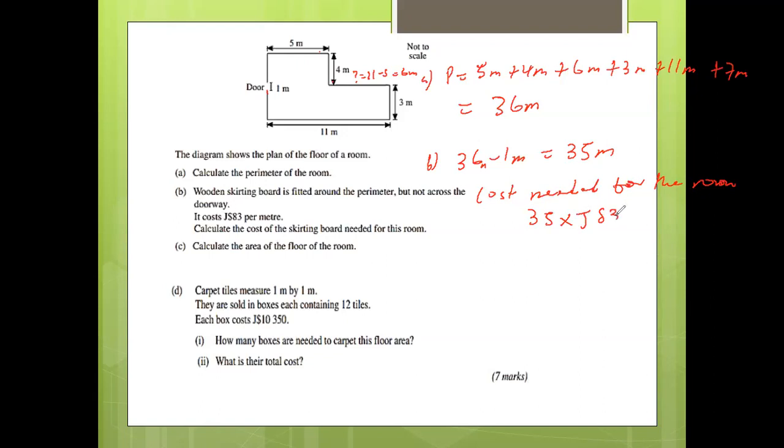Now, can somebody multiply 35 times Jamaican $83 for me and see what we get? 2,905. Come again. 2,905. Okay, so this should have been the what? The amount of money needed, or the total cost for the skating board. Any questions so far up to this point?